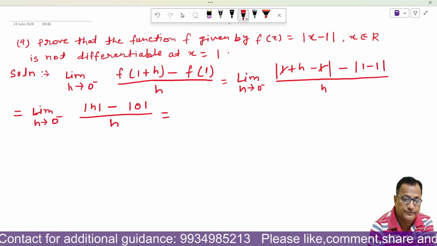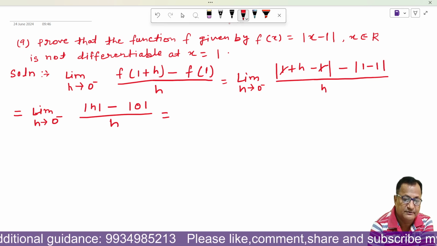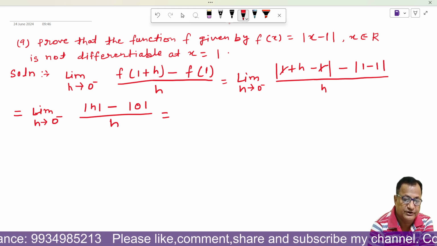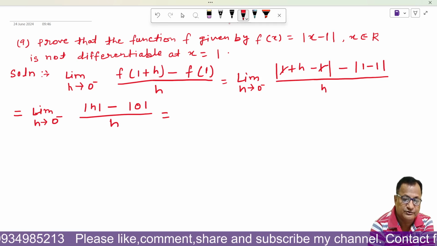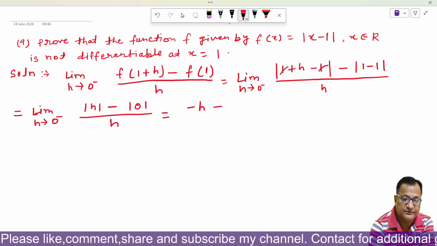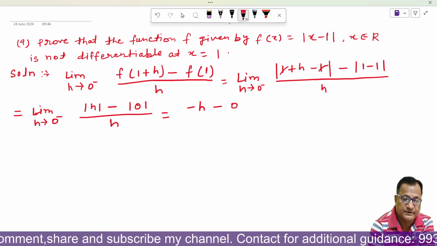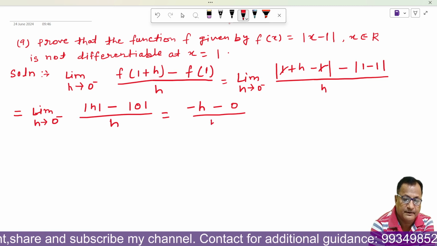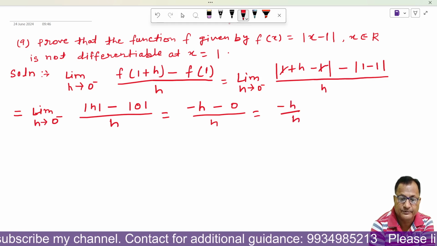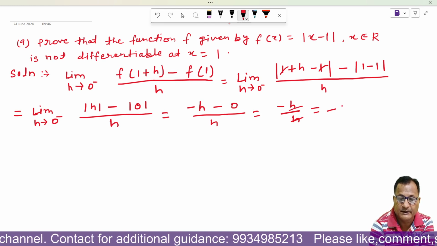This is minus because h is less than 0, so this will be minus h minus 0 divided by h, is equal to minus h by h. This will be cut, so this will be minus 1.